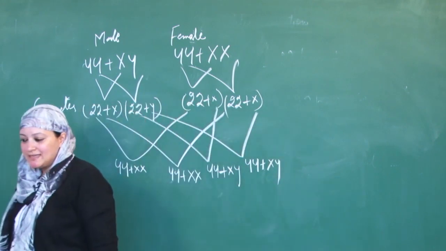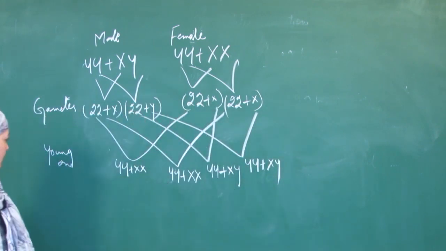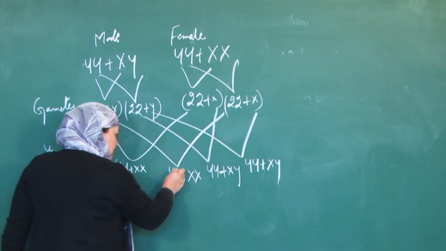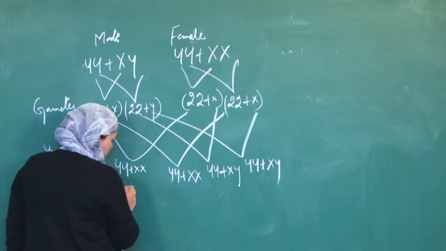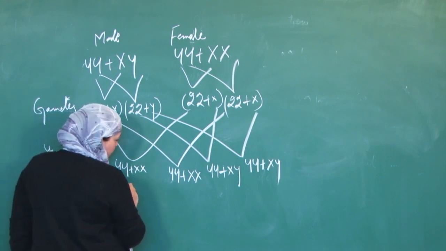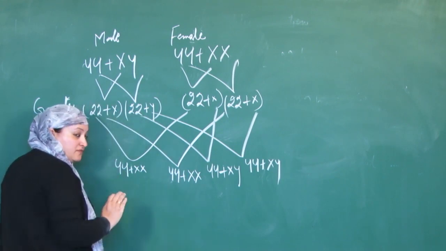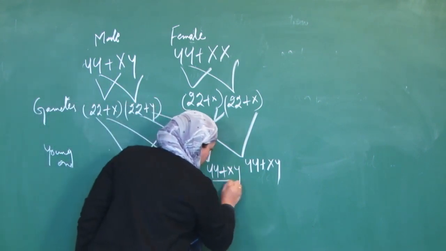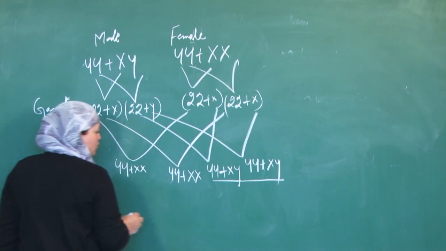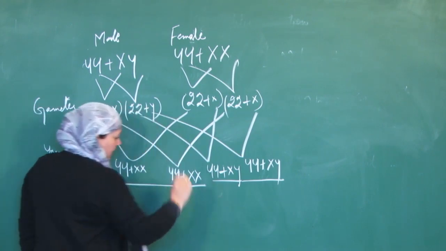So what is the probability? The probability is that there will be 50-50 chances of having either a boy child or a girl child.